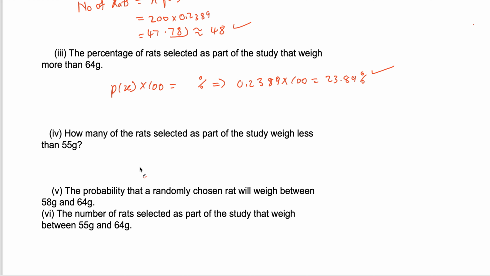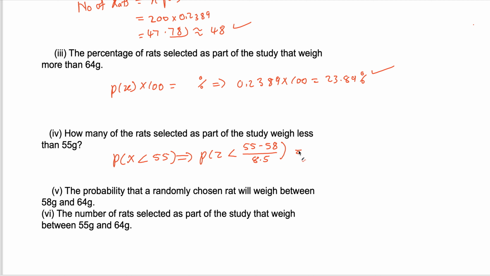They ask how many of the rats selected as part of the study weigh less than 55. So you're looking for P of X less than 55. Remember, you have to transform it to Z. The less than doesn't change, but you have 55 minus 58, that's our mean, divided by 8.5, that's our standard deviation.